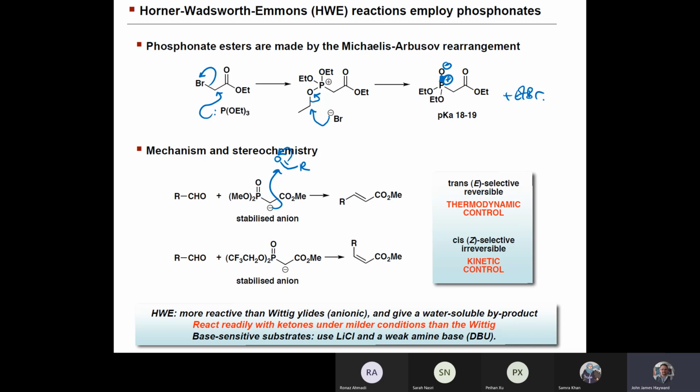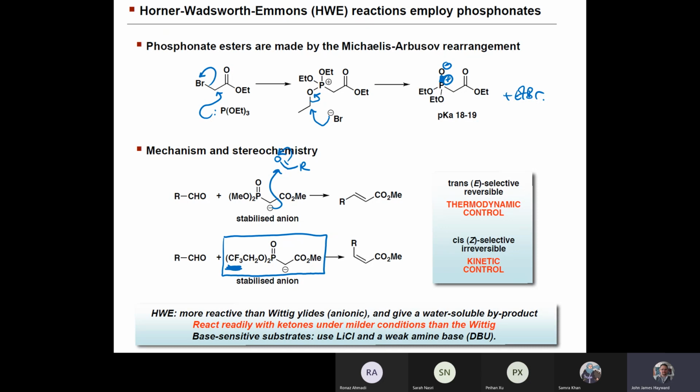The one to really watch out for, though, is this one here, because it's a stabilized anion, but with trifluoroethanol as your ester component, your phosphonate ester component. And that, in actual fact, gives cis-selective reactions.